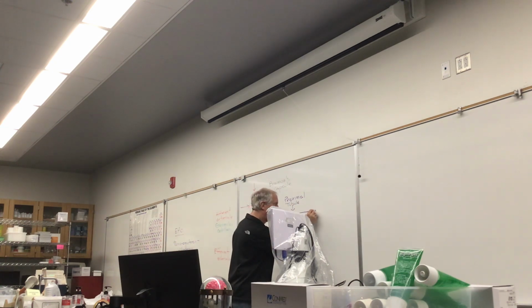Proximal tubule then gives rise to the thick descending limb of the loop of Henle.